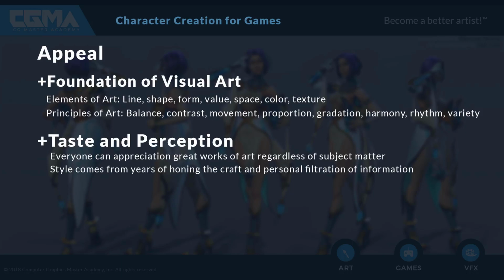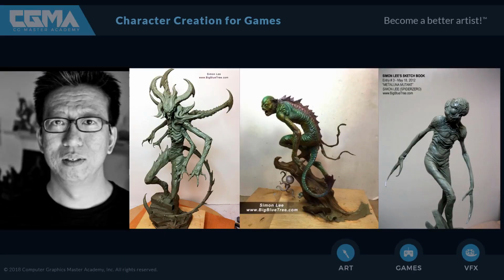A perfect example of this is Simon Lee, who is a sculptor and he's a master. His 20 Days of Monsters features grotesque creatures, and the subject matter is definitely not considered attractive in the traditional sense. But if you look at all of his sculptures, they have great movement. They're dynamic and they're wonderfully done.